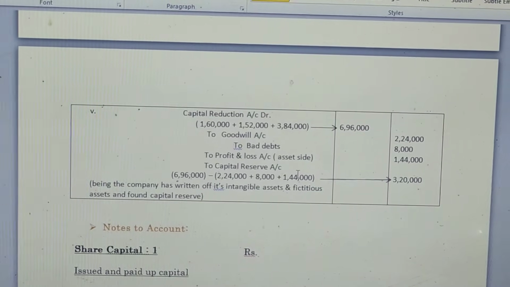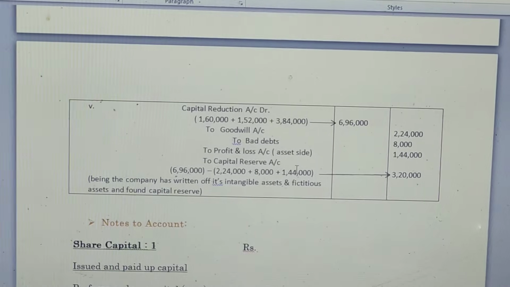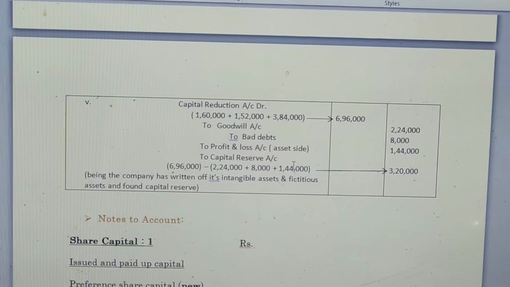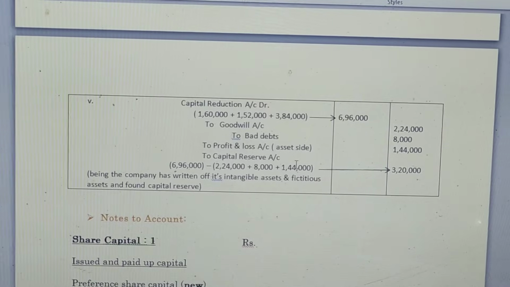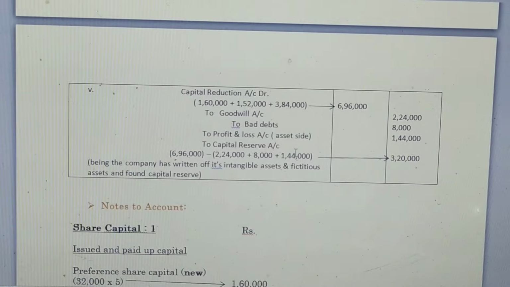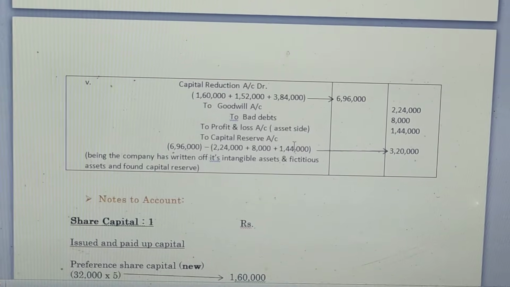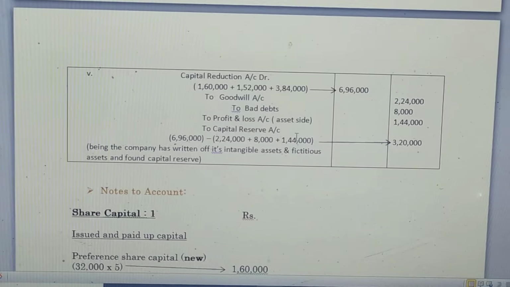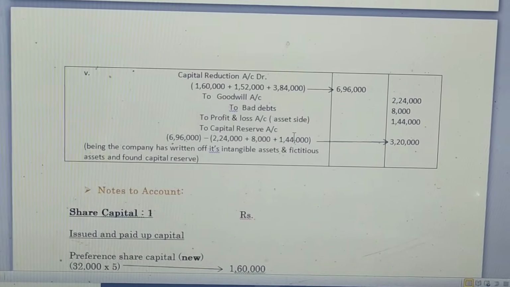The difference value is 3,20,000, that is capital reserve. It means that amount will be transferred to the capital reserve account. So 6,96,000 minus 2,24,000 minus 8,000 minus 1,44,000, we get 3,20,000 as capital reserve.